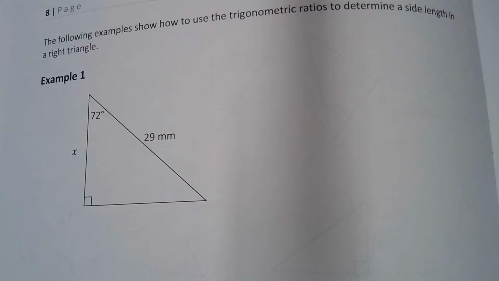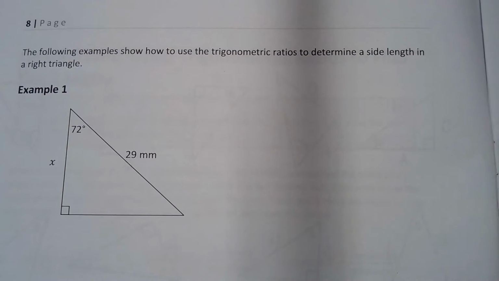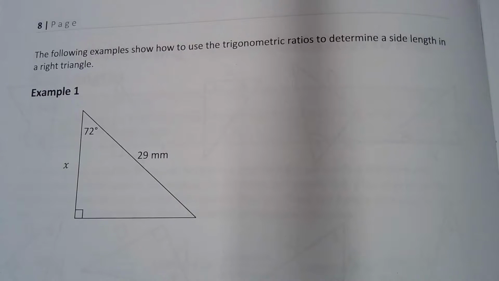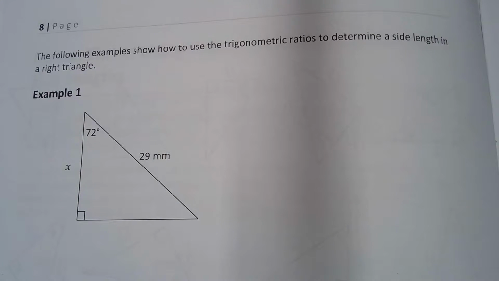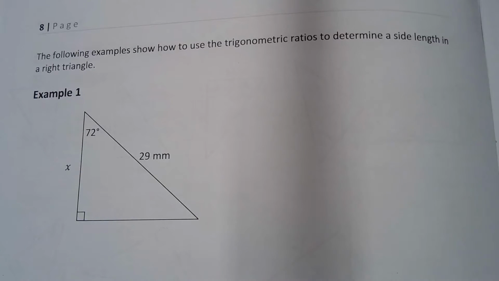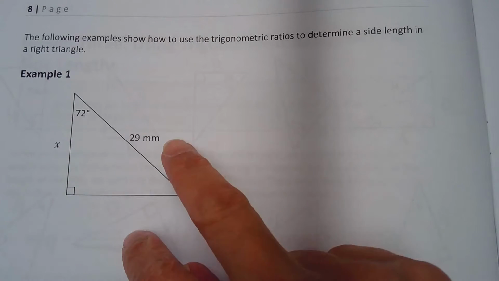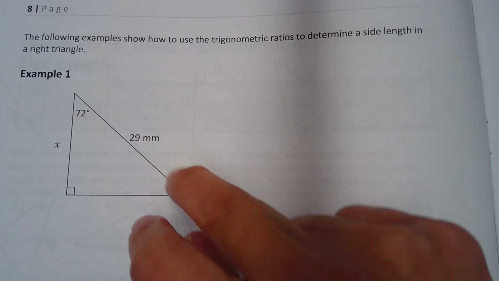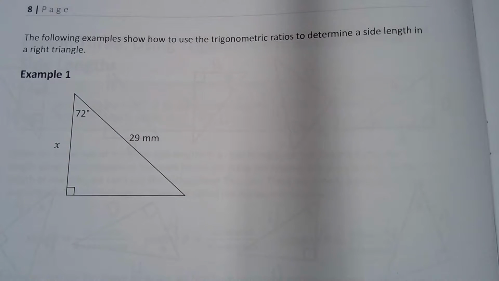Okay, let's take a look at these two examples. The following examples show the use of trigonometric ratios to determine a side length. Can I use the Pythagorean theorem for this? No, right? Because to use the Pythagorean theorem, you need two sides to calculate the third side. We don't have two sides to calculate the third.